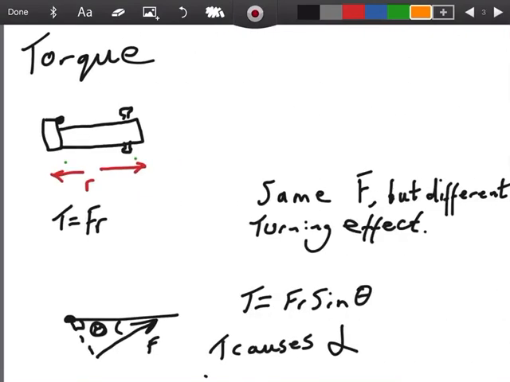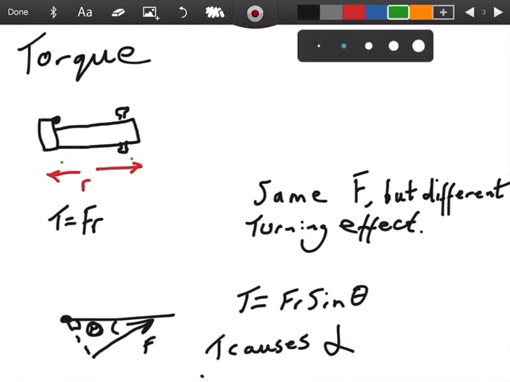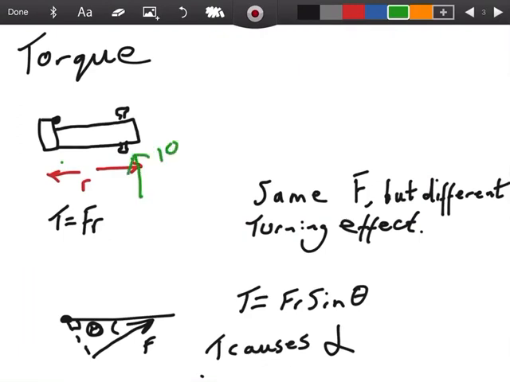So torque, let's take a look at this diagram I've drawn up here at the top. This is supposed to be a door from a bird's eye view. The radius I've highlighted in red. If I present a force of 10 newtons, let's say, it's relatively easy to push around.